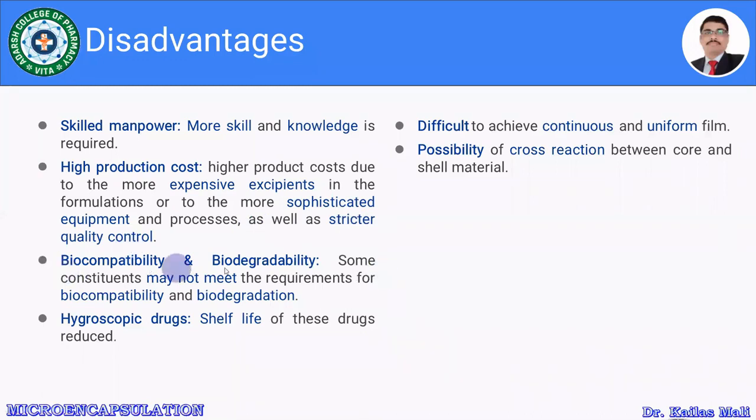Then biocompatibility and biodegradability, as some constituents may not meet the requirements. Then there are some drugs which are hygroscopic in nature, so the shelf life of these drugs is going to be reduced. It is difficult to achieve a continuous and uniform film, and there is a possibility of cross reaction between the core and shell material. So this is about the disadvantages of microencapsulation.